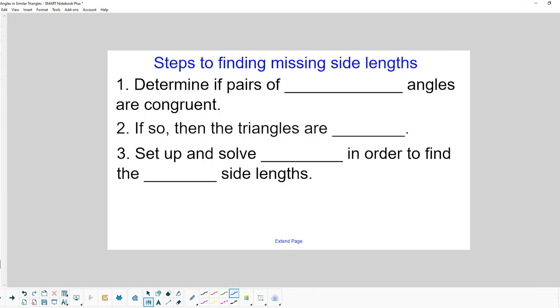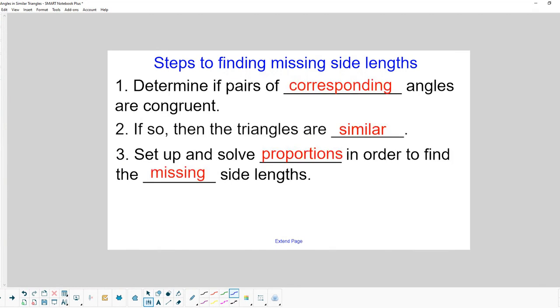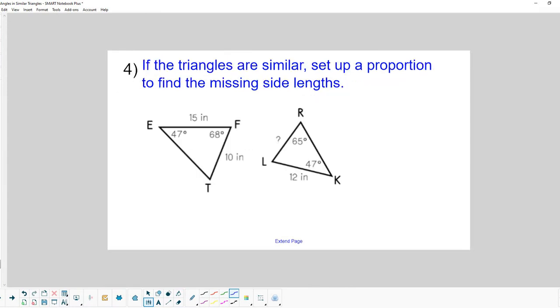Well, another little definition. So, steps to finding missing side lengths. Determine if pairs of corresponding angles are congruent. If so, the triangles are similar, and so we can set up and solve a proportion in order to find the missing side lengths. So we've done something similar before, but the first thing we've got to determine is if these are similar so that we can actually set up a proportion that will work.